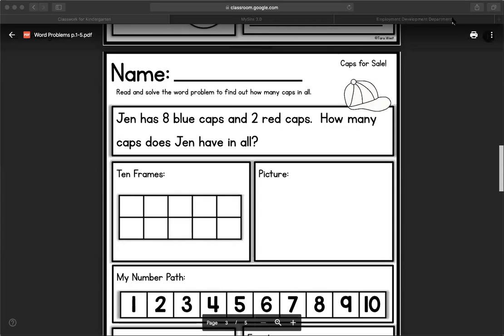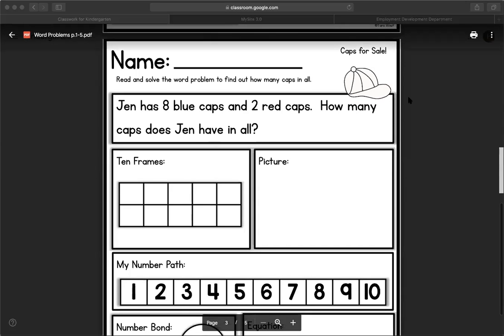Jax, can you read this word problem for us? You're doing good. Jax. Okay, Jax.